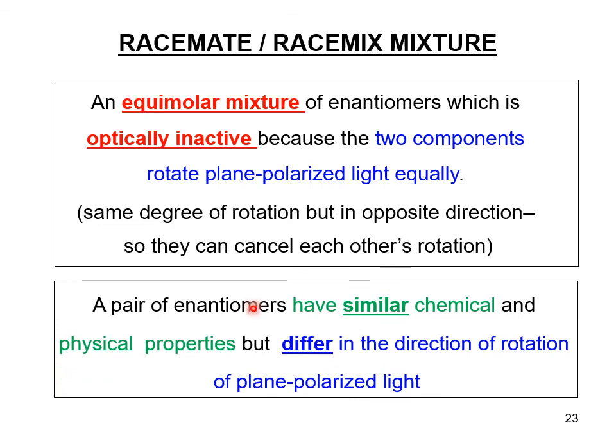A pair of enantiomers have similar chemical and physical properties, but differ in the direction of rotation of plane polarized light, meaning that one is clockwise, another one is anti-clockwise.